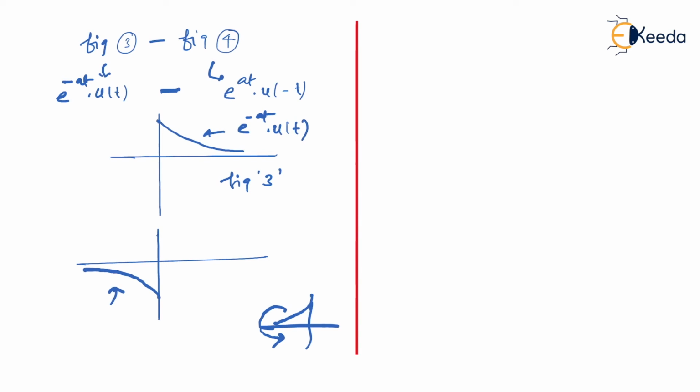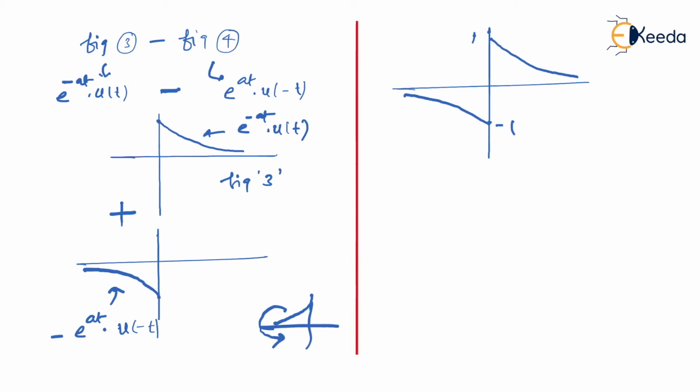So this is actually minus e to the power a t u of minus t. Now these two are getting added with each other, so we'll get this type of curve. This is the curve you obtain when you do figure 3 minus figure 4. Let me call this equation number 1, the expression for figure 3 minus figure 4.